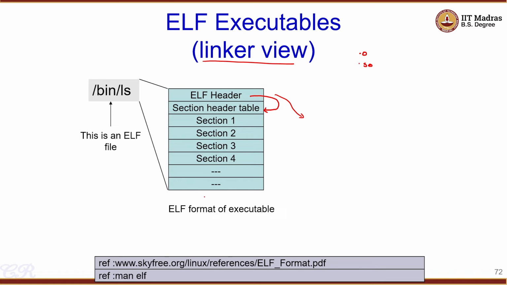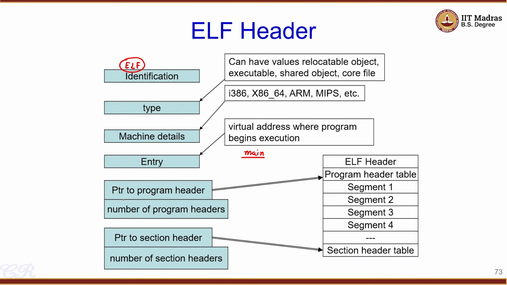It's not shown in this particular figure, but if there's a program header present in your ELF file, then the entry in your ELF header, namely the pointer to program header, would point to the appropriate header. Also present is the number of program headers and the number of section headers.